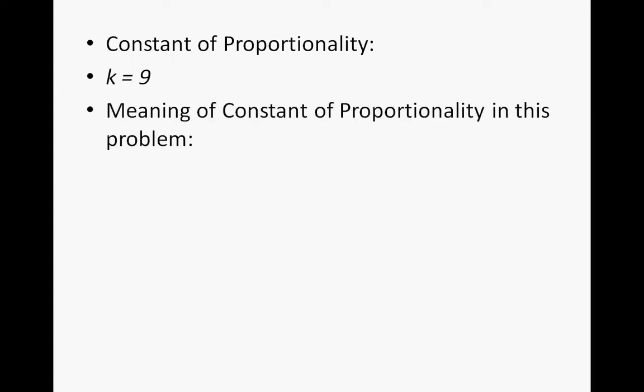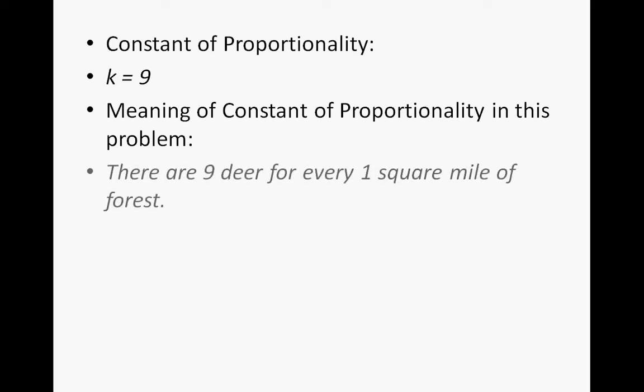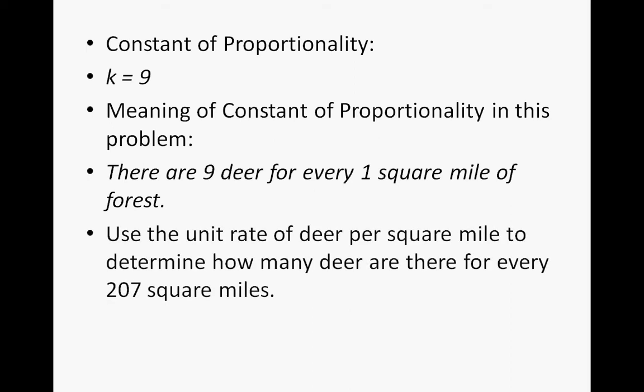So the meaning of the constant of proportionality in this problem is that there are 9 deer for every 1 square mile of forest. So we use the unit rate of deer per square mile to determine how many deer there are for every 207 square miles.